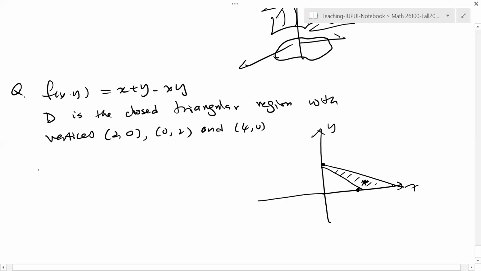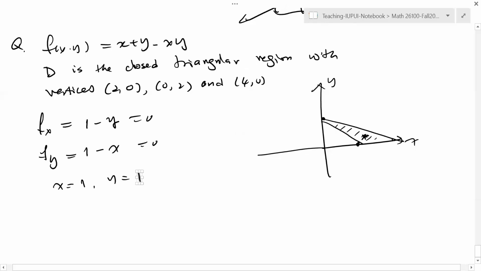So let's find the partial derivatives. Fx is going to be 1 minus y. Fy is going to be 1 minus x. If you set these to be 0, you get x equals 1, y equals 1. So you only get one critical point.